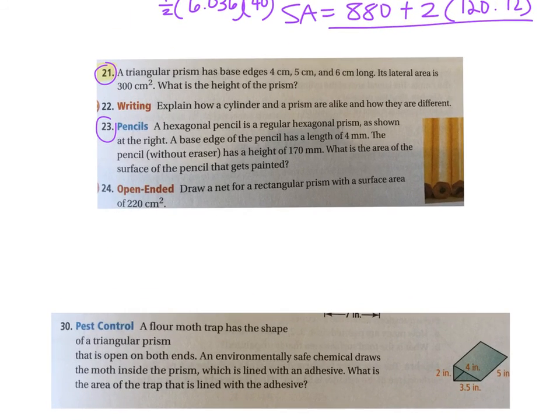All right, 21. It says a triangular prism has base edges 4, 5, and 6 centimeters long, and they tell you the lateral area, and they want to know what is the height of the prism.